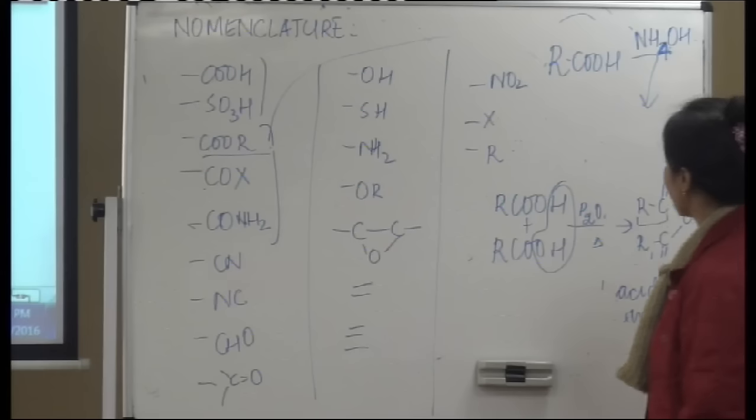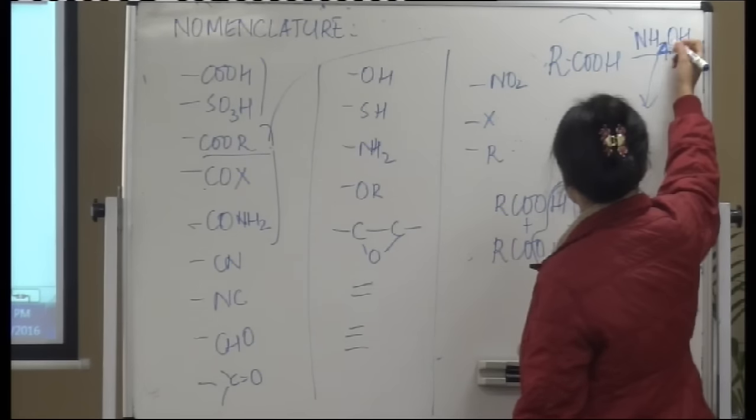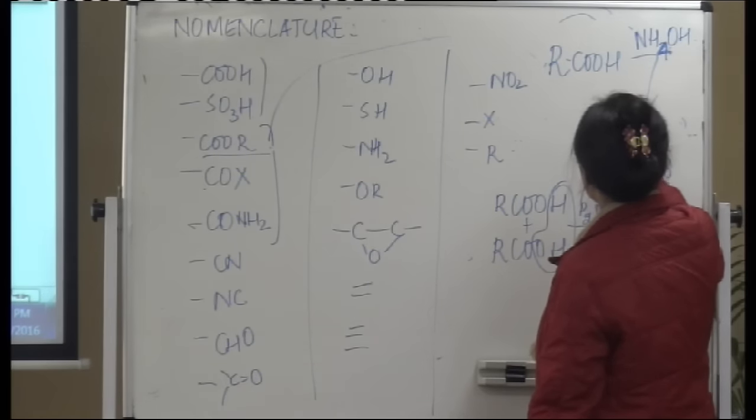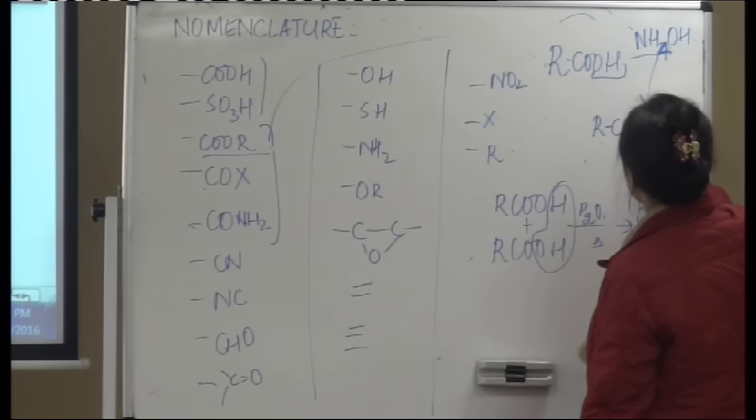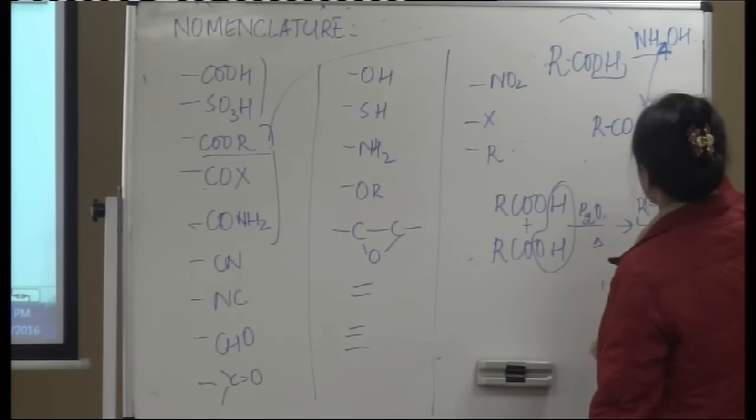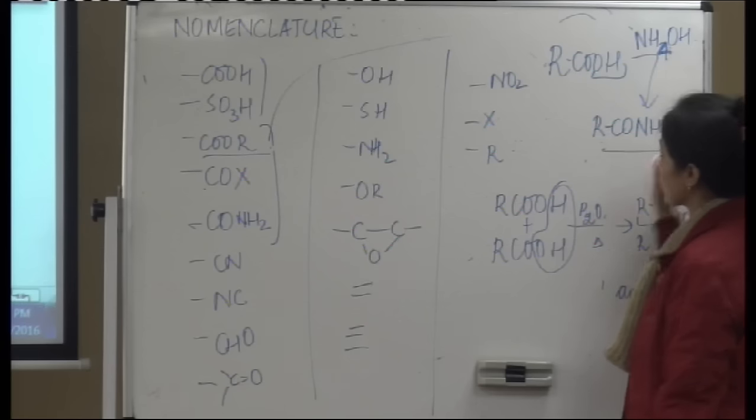In that case NH2 can come here, RCONH2, your OH goes off from here, plus you have water. So this is your acid amide.